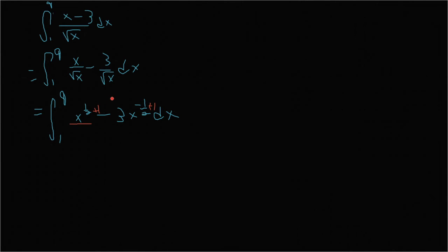So that's going to be over 3 over 2. And this is going to be divided by 1/2. So dividing by 1/2 is the same thing as multiplying by 2.